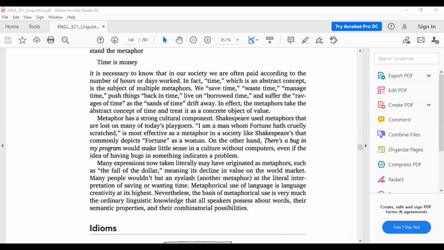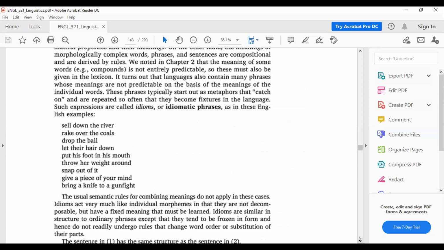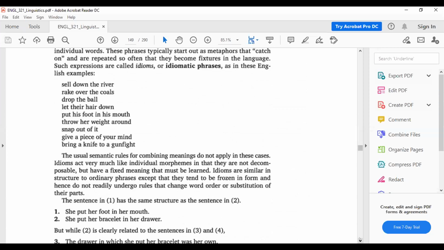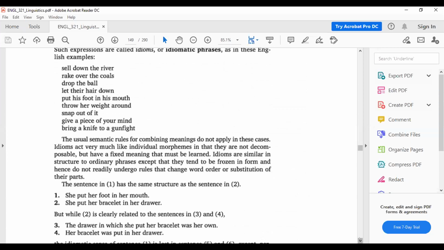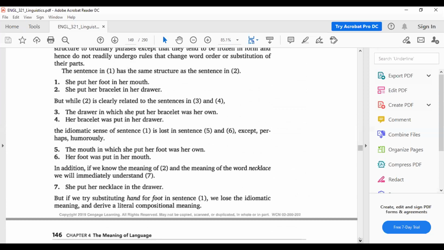So as Amina mentioned, until Hamza is ready, Amina nicely presented idioms. When we say sail down the river, recover the coals, drop the ball, or she put her foot in her mouth, imagine that here you mean the literal meaning.